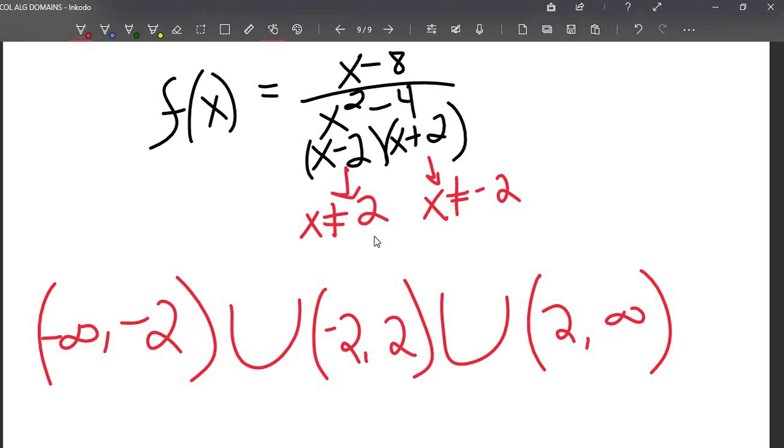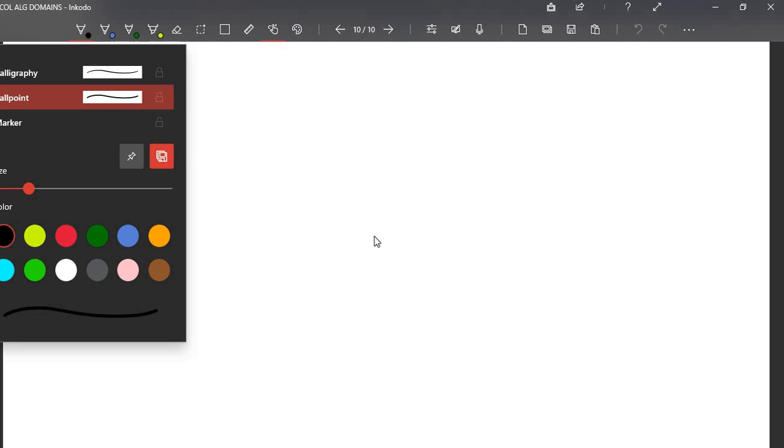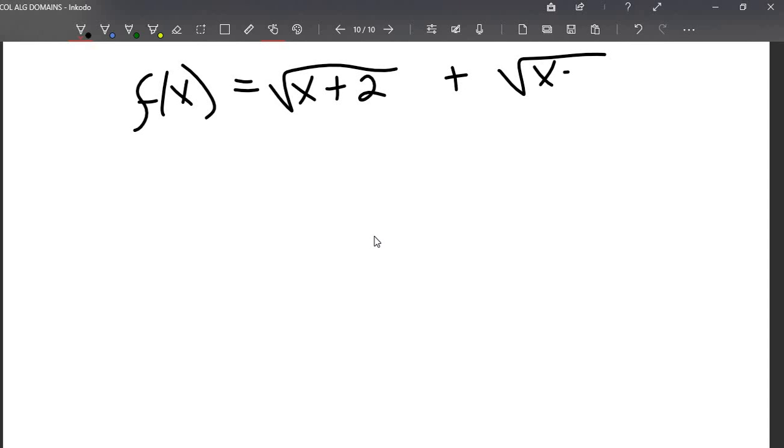Now, I want to do one that's a little weird, and it's going to involve two square roots, just to kind of show you how this works. So let's say we had square root of x plus 2, plus square root of x minus 6. All right, since we've got two square roots, we've got to figure out both of them separately, and then we're going to figure out what the final answer is.